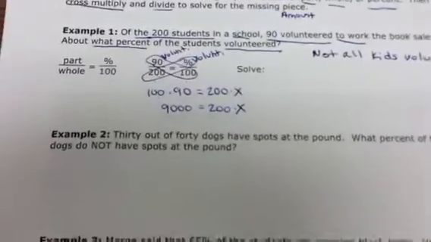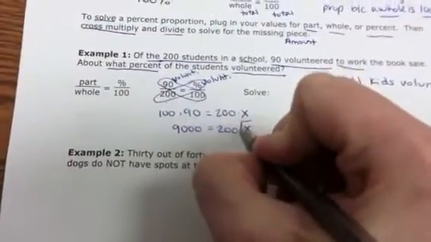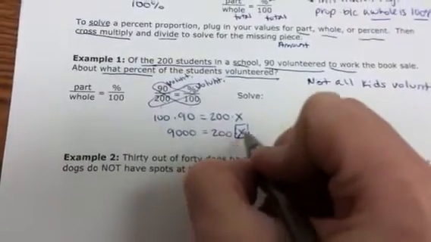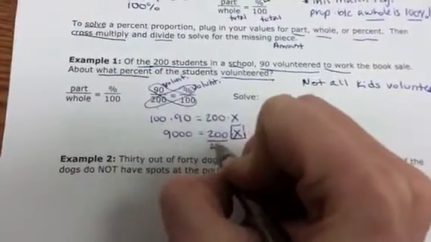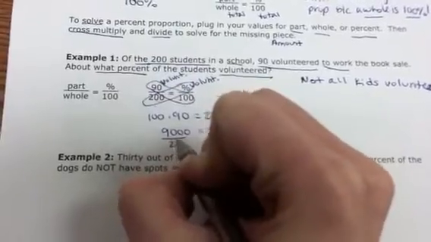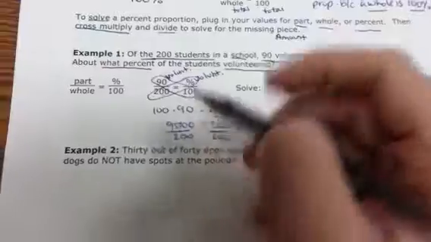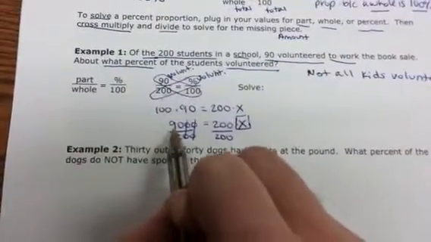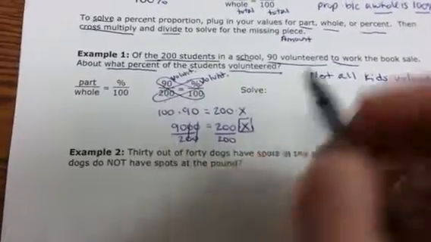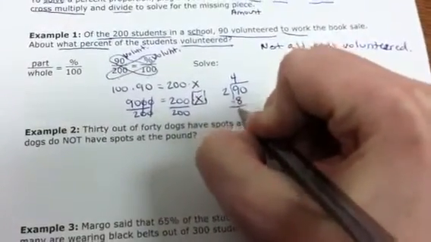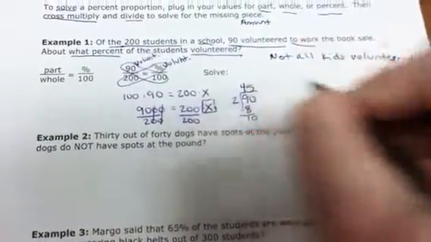If you remember how we solve an equation, you always get the variable by itself by doing the opposite. So instead of 200 times something, we need to divide both sides by 200. You have a whole bunch of zeros on here that you could eliminate some of. And now you have 90 divided by 2. So if you take 90 and divide it in half, that would be 45.